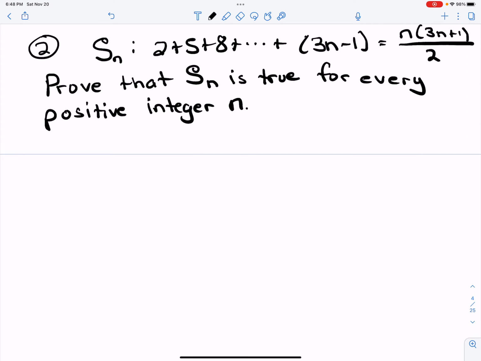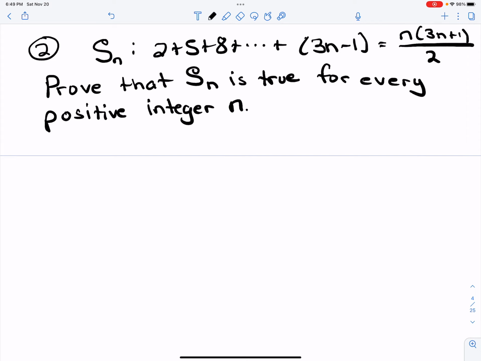Okay, so the very first thing we're going to do is verify S sub 1. Well, S sub 1, you would have basically on the left 3 times 1 minus 1, which is 2.